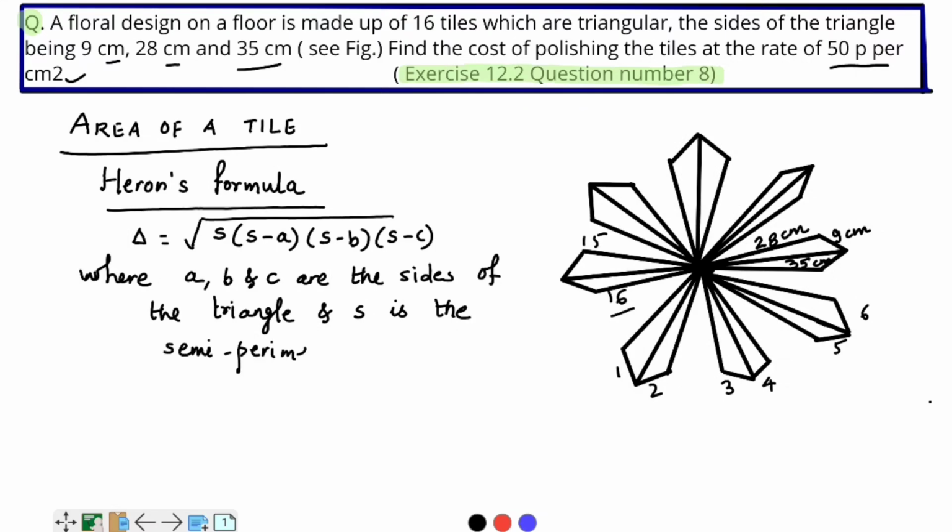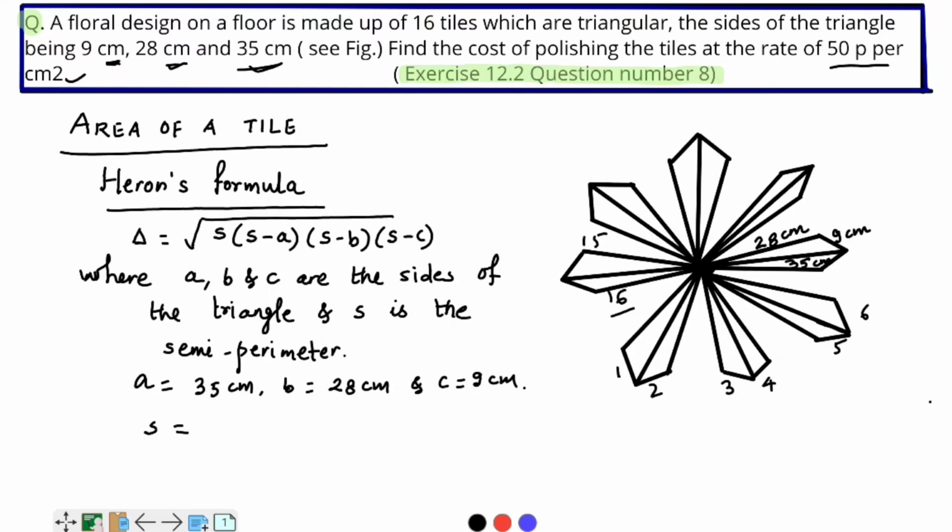So first of all we will find out what is our s. So here a equal to 35 centimeter, b equal to 28 centimeter and c equal to 9 centimeter. It is given. 9, 28 and 35 centimeter.